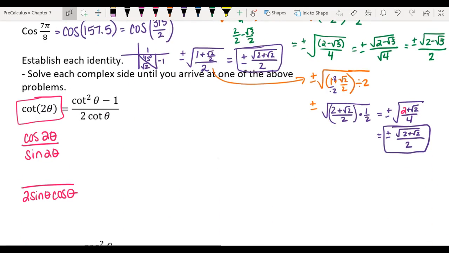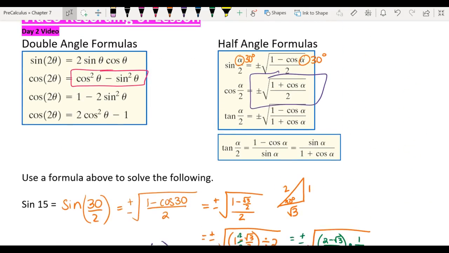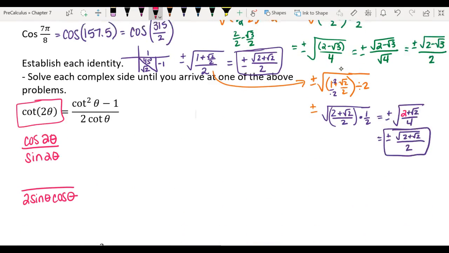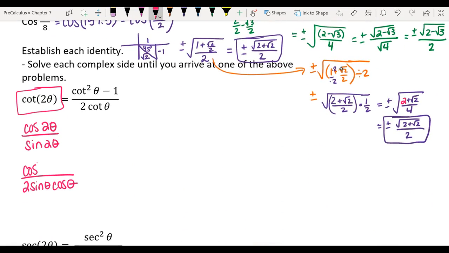Well, let's look. Number 1, because the 2 is on the bottom. Yep. So let's use that one. So you have cosine squared of theta minus sine squared of theta. And then you have this business on the bottom. Okay?